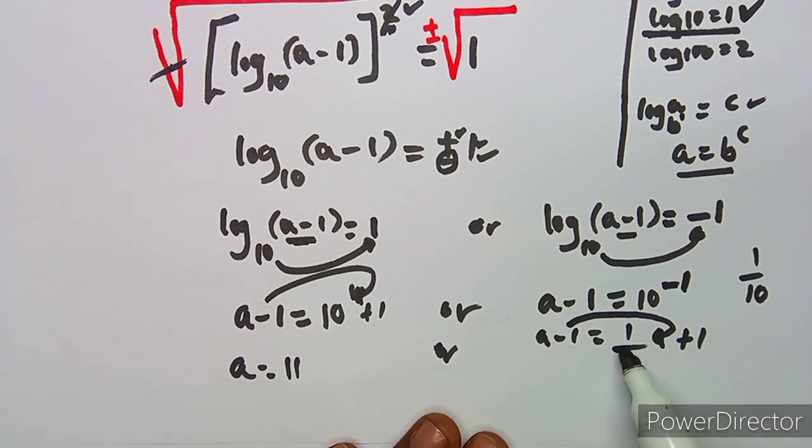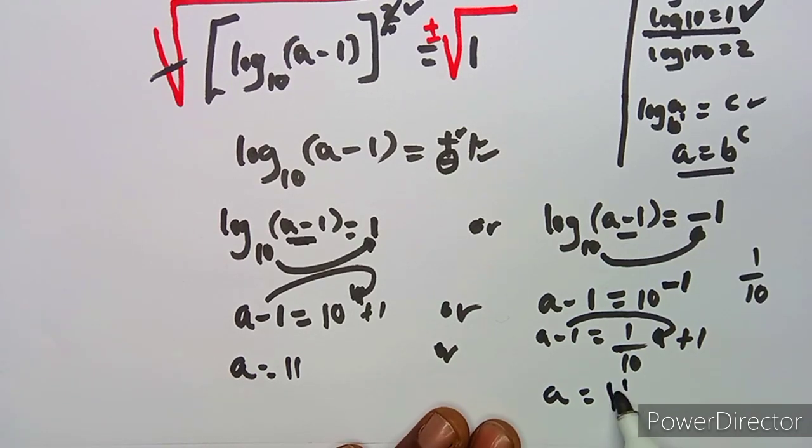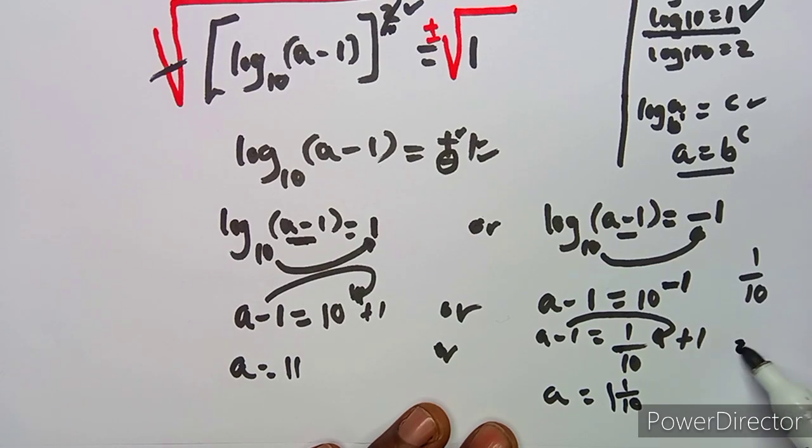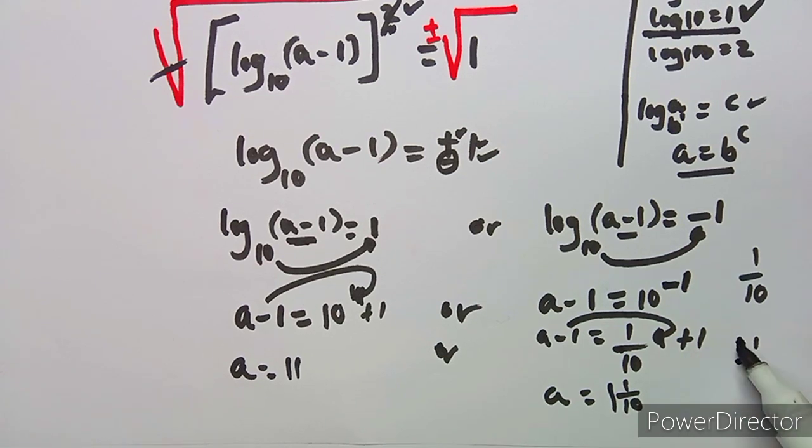And if we add 1 over 10 plus 1, we are going to obtain 1 and 1 over 10. I don't know if you write it as an improper fraction, this is going to be something like 21 over, is it 21 or 11 over 10, something like that. All right, but that is what we have there. So a is going to be 11 over 10 or 1 and 1 over 10 like this.